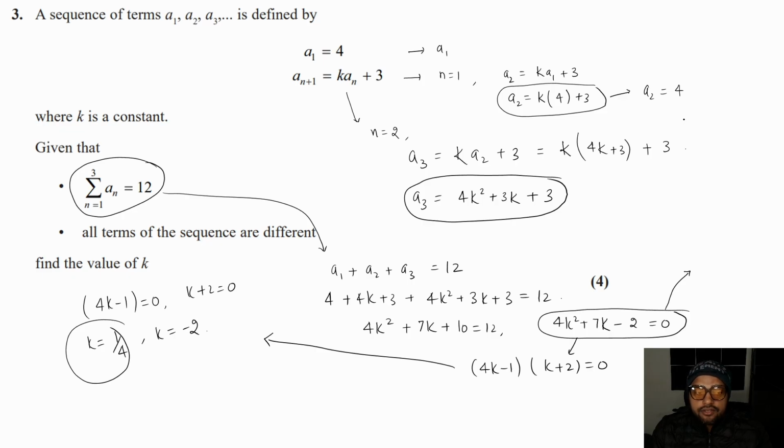If I'm substituting k equals to 1 by 4 in this equation, we are getting a2 equals to 4. Similarly, if I substitute the value of k equals to 1 by 4 in this equation for a3, we'll get 1 by 4 times 4 plus 3. So we can say that we are getting 4.